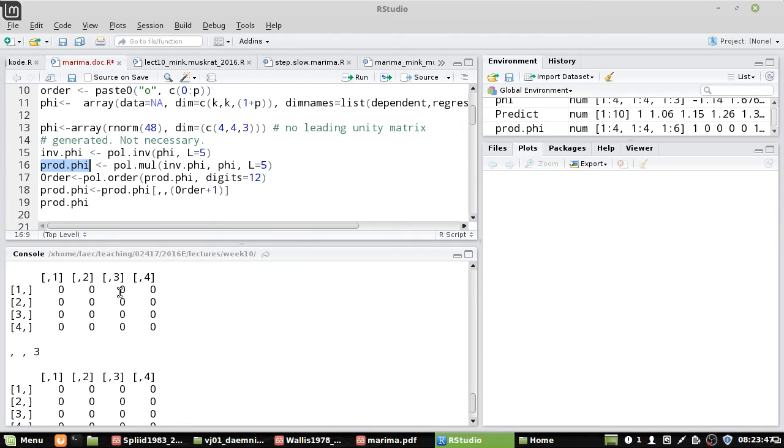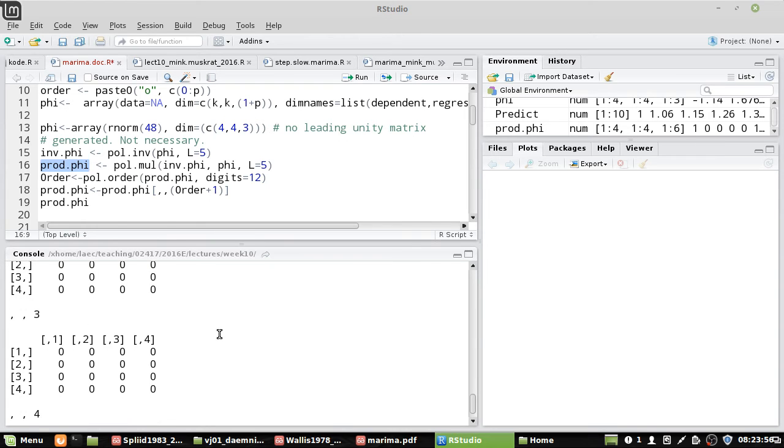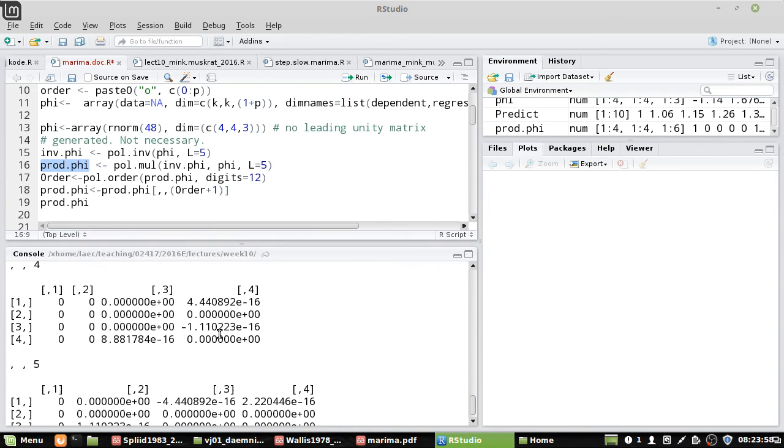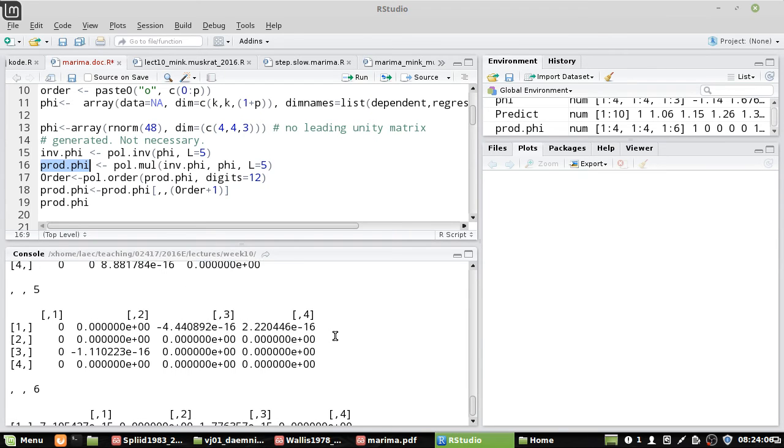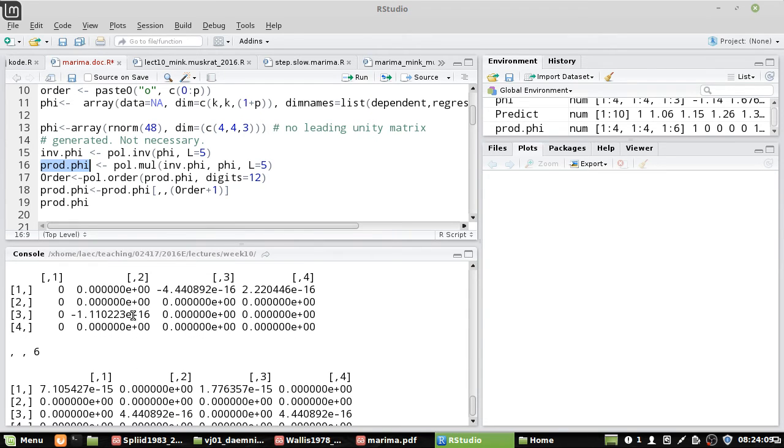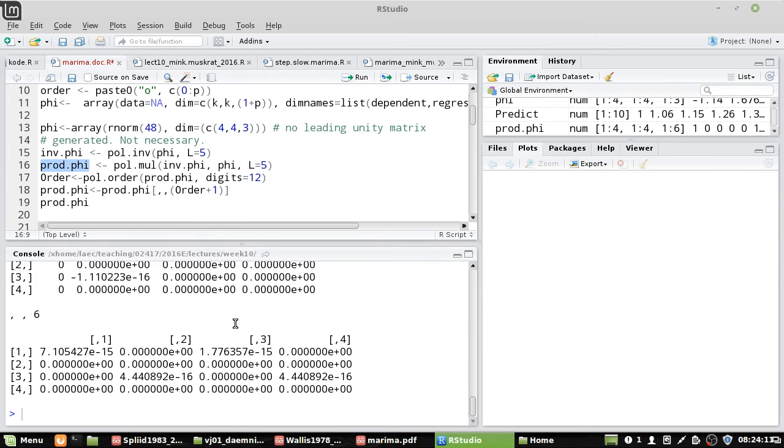So the second lag, which is the first lag coefficient, is indeed, within numerical precision, just zeros. Same thing with the third lag. When we get to the fourth lag, we get some numbers that are 10 to the minus 16, virtually 0. And at the fifth element, again we have some 10 to the minus 16.